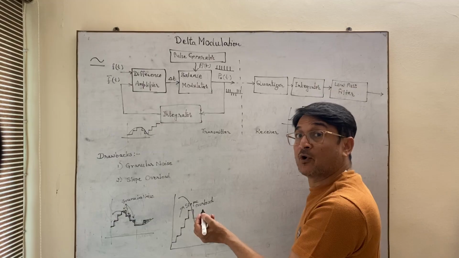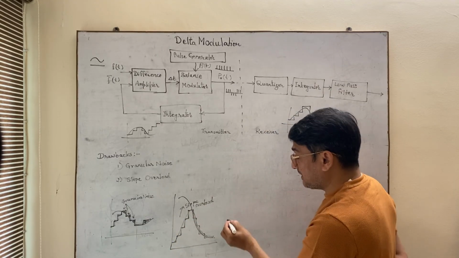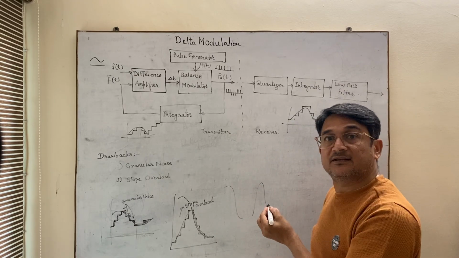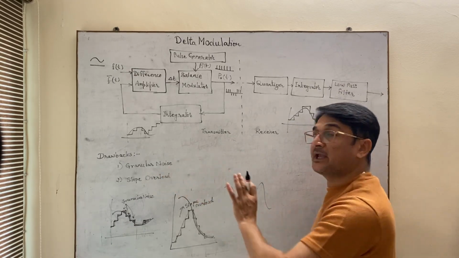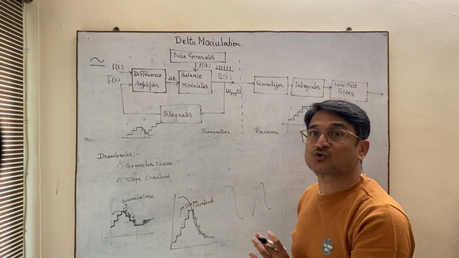When it is demodulated, the low pass filter will recover the signal something like this. Initially it was this, but the low pass filter considers the signal to be this. So you may get the wrong signal. Such a problem is known as slope overload.